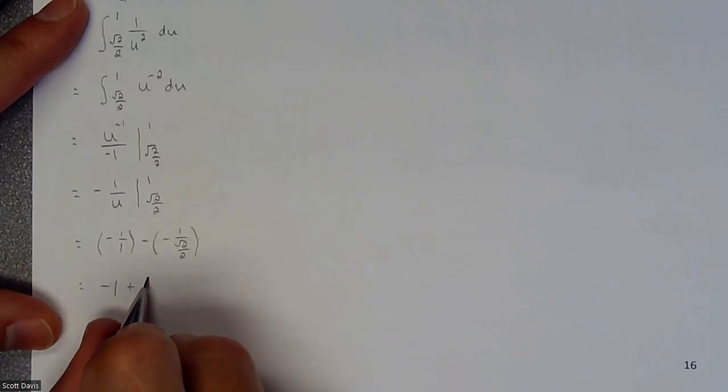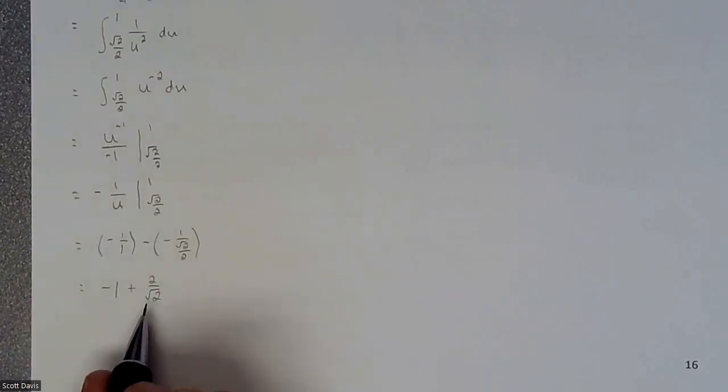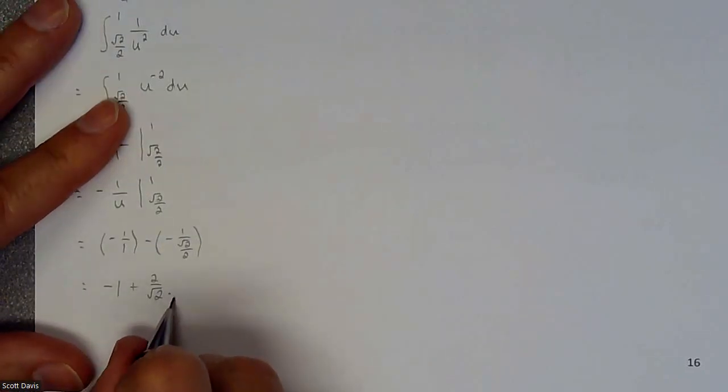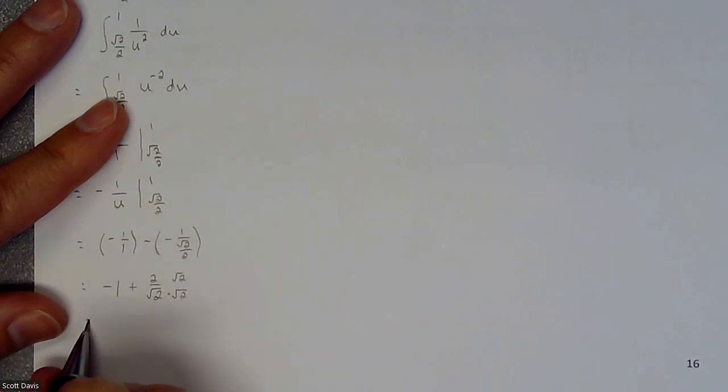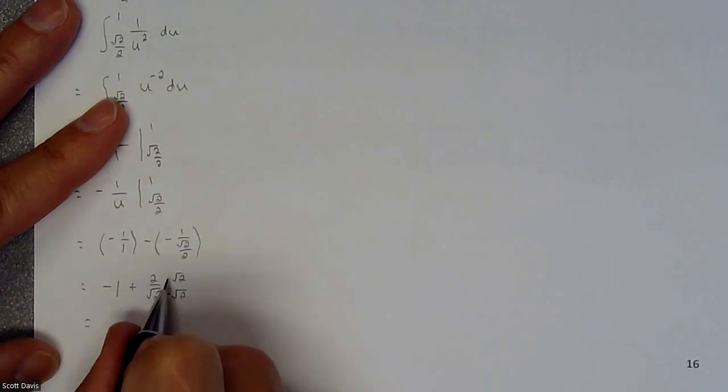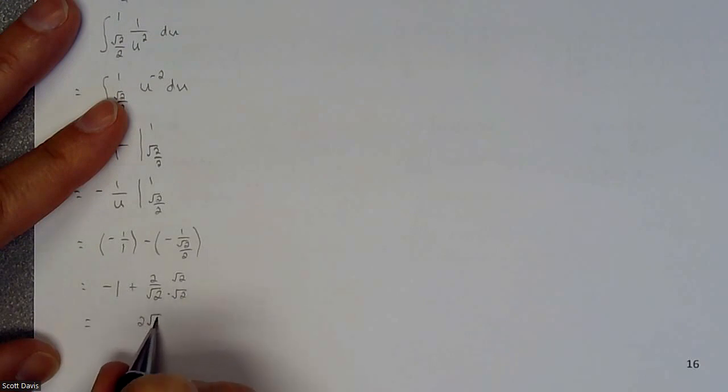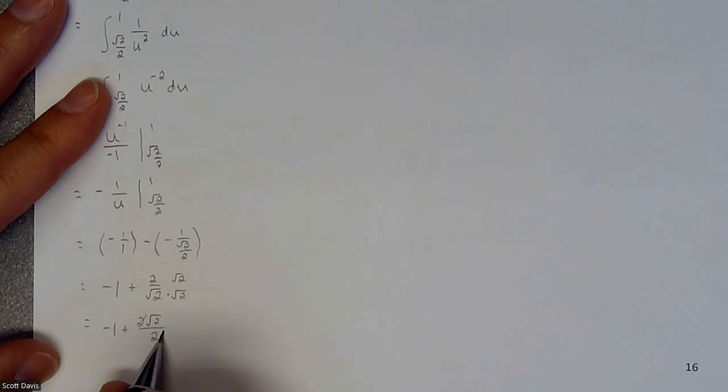And then that's going to become a 2 over root 2. So let's go ahead and rationalize that, and then we can get a common denominator and put things together. So if I rationalize this, that's a root 2 over 2, root 2 over 2. So we're looking at a 2 root 2 over 2. That's a negative 1 plus that. 2's can go away.